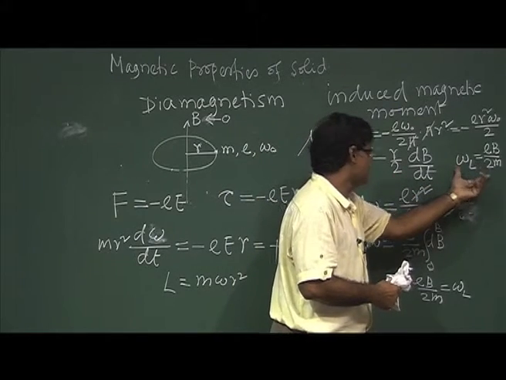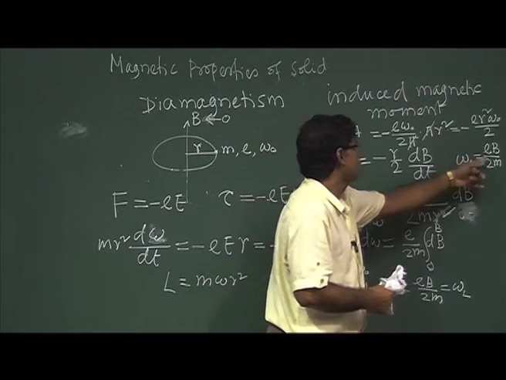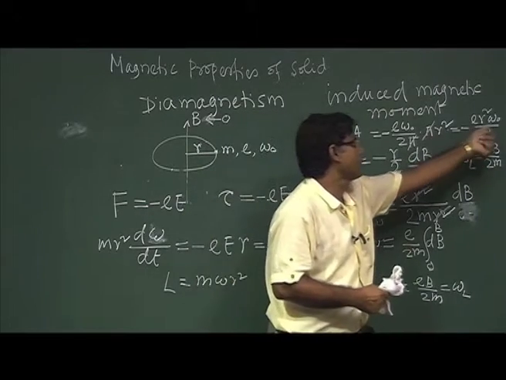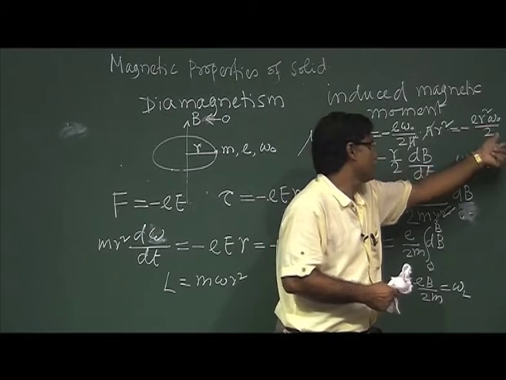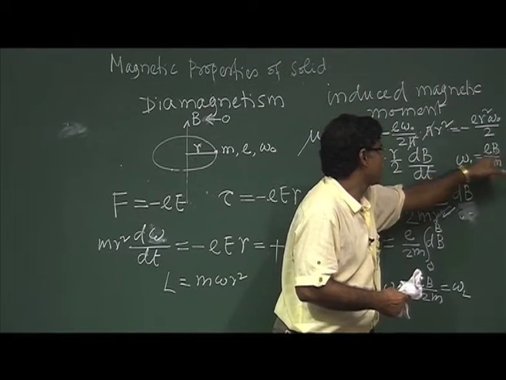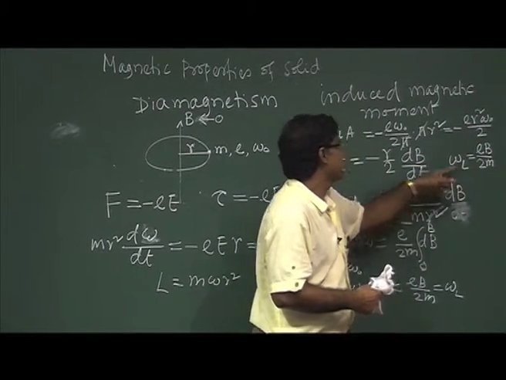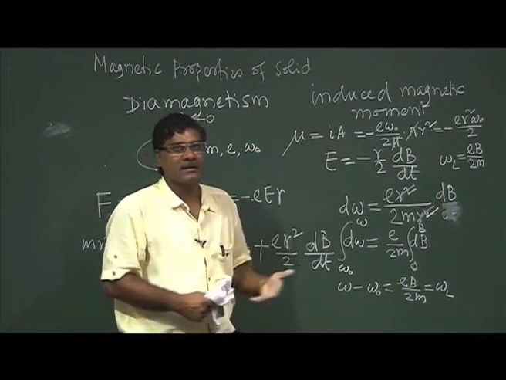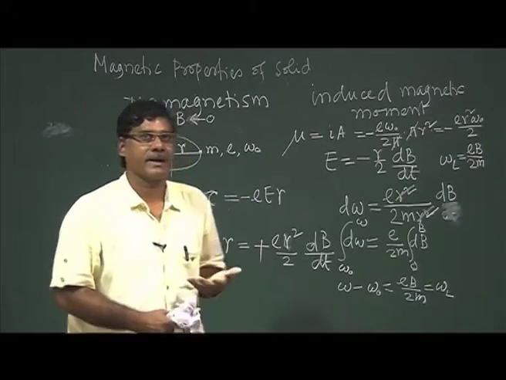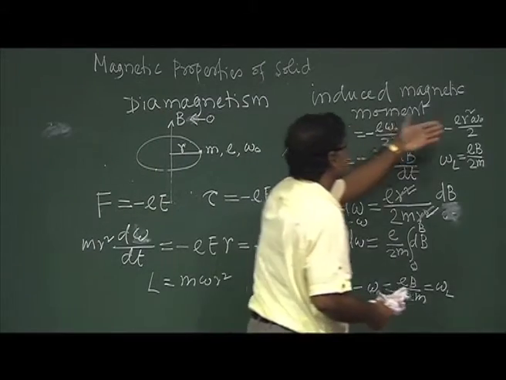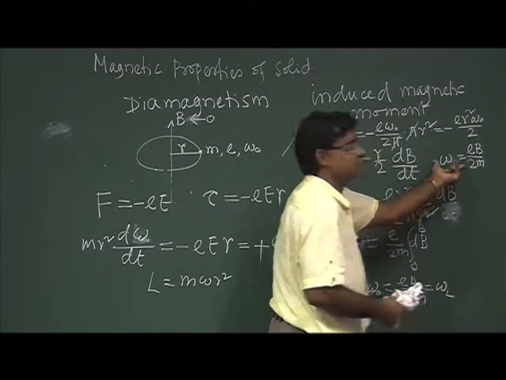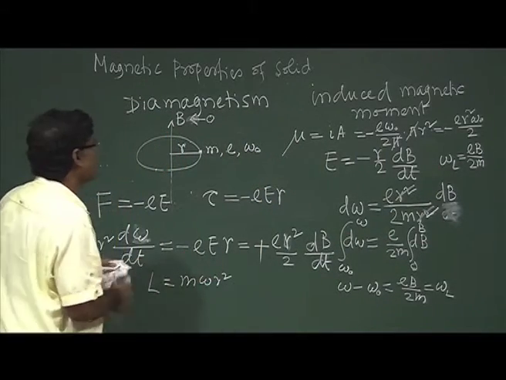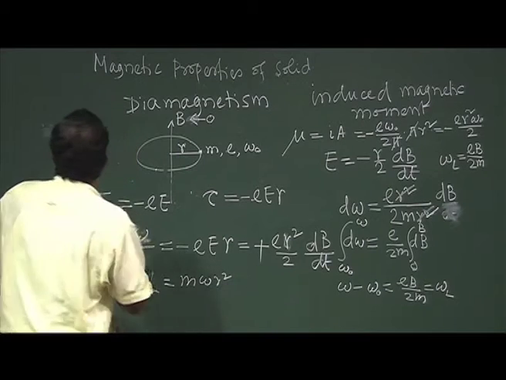That is the change of angular frequency due to the magnetic field. Now, the magnetic moment depends on this angular frequency, so due to the change of angular frequency we will get a change of magnetic moment, the additional moment over the original one. That is called the induced magnetic moment.